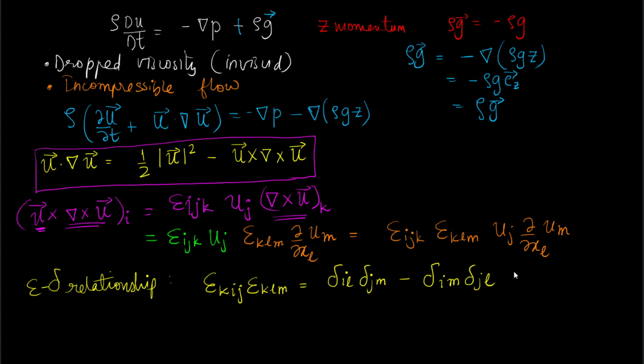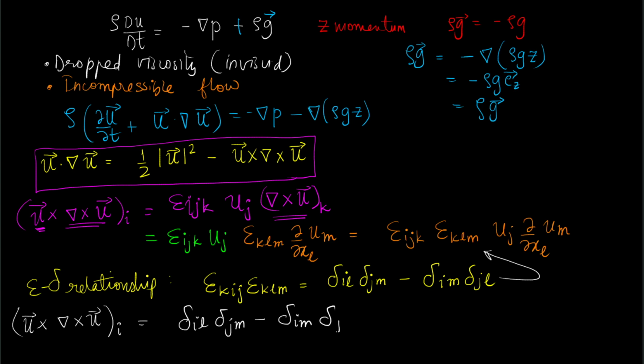So substituting this in this equation, we have u cross nabla cross u, its ith component. This is equal to, now substituting this, delta il delta jm minus delta im delta jl times uj del del xl um.